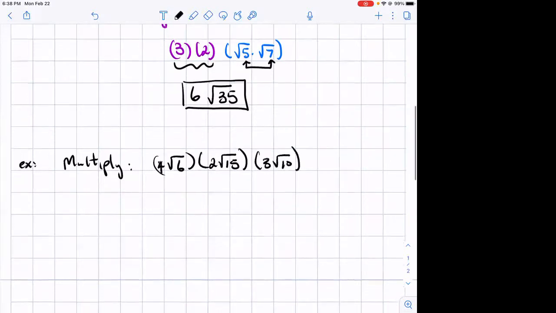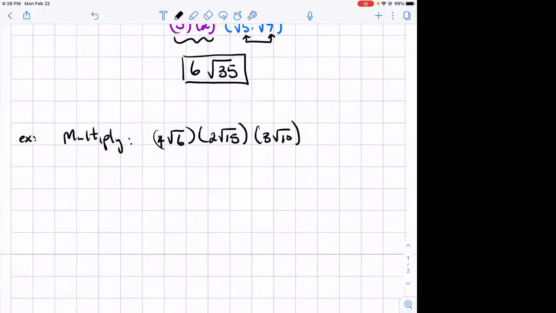The whole idea is the same. We multiply 4 times 2 times 3: 4 times 2 is 8, and 8 times 3 is 24.